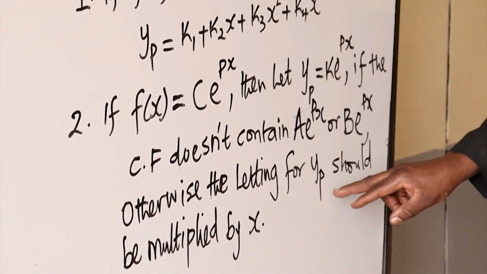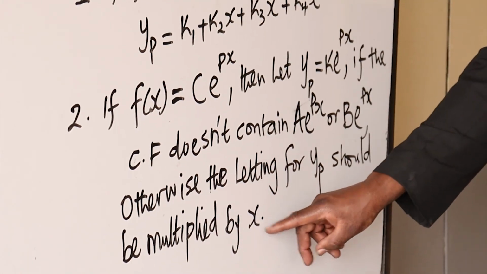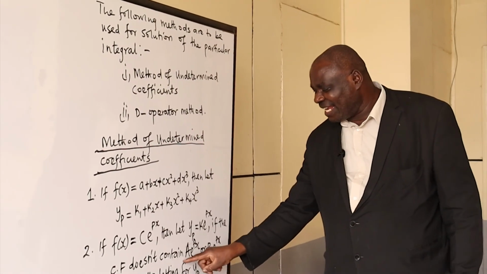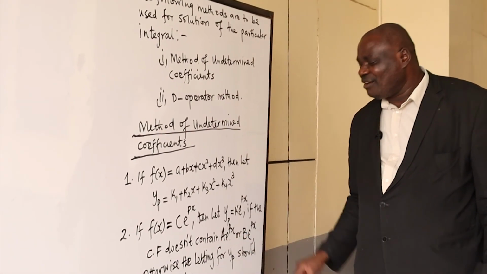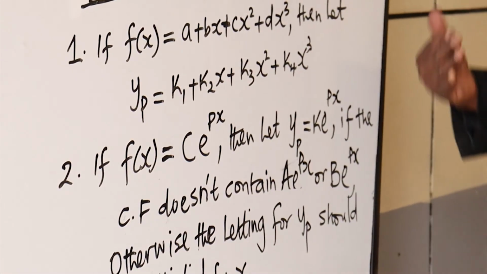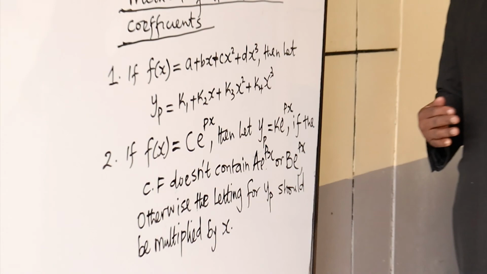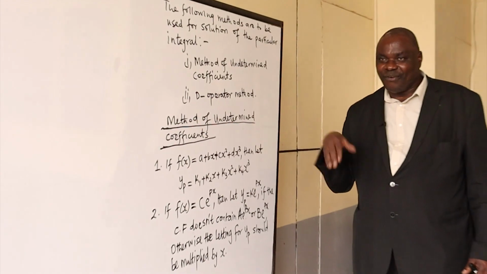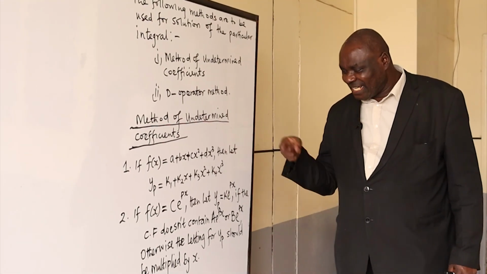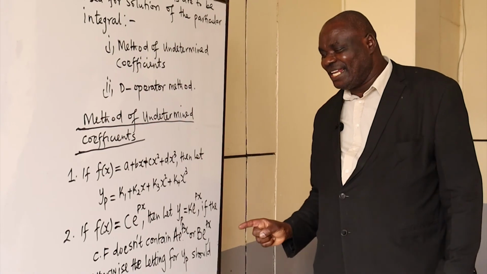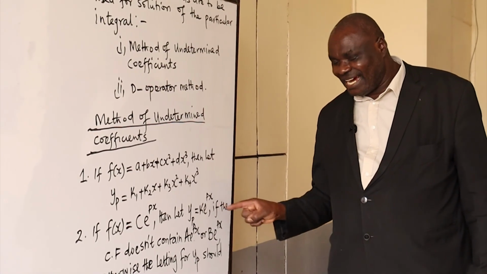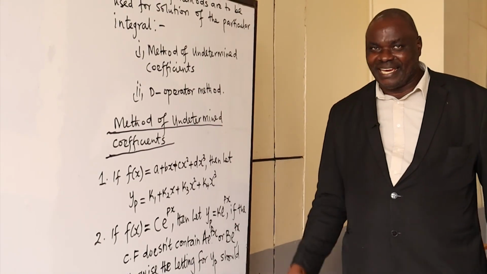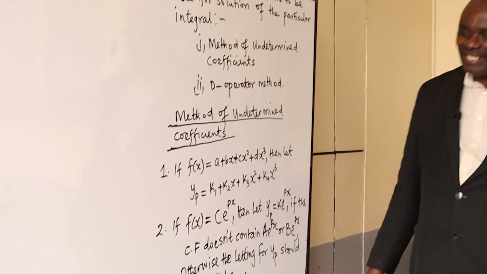Otherwise, the letting for yp should be multiplied by x so that we deviate from what is already contained in our complementary function. After deviating, if it is now different from what we have in our complementary function, we proceed and process for our particular integral. But if it still contains a term like that, then we deviate further by multiplying also by another x. That is it.